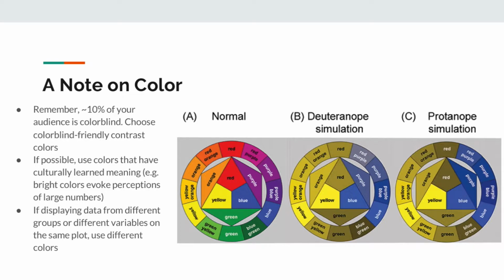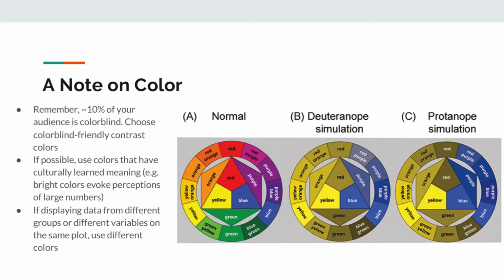So if you're doing something like a heat map, use bright yellows, for instance, for the top of your data range, and cooler colors like blue for the bottom of your data range. And if displaying data from different groups or different variables on the same plot, use different colors, of course. You want to disambiguate things as much as possible.